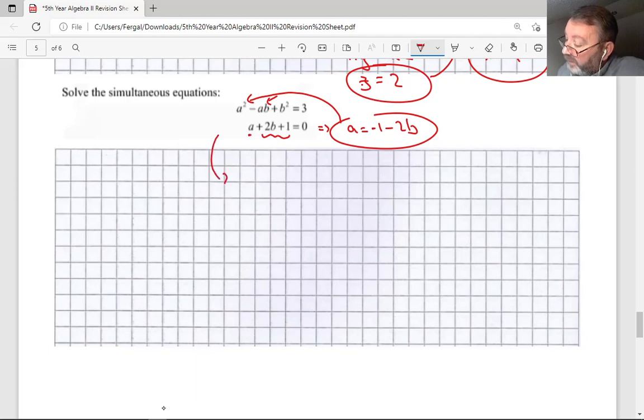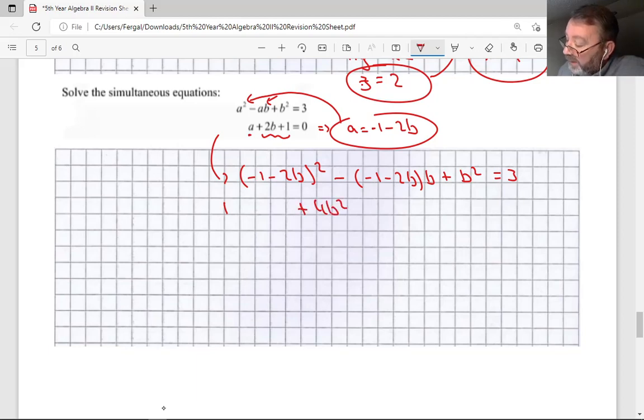And that's going to give me minus 1 minus 2b, all squared, minus 1 minus 2b times b, plus b squared is equal to 3. And all of a sudden, you end up with a quadratic equation in b. So again, use your binomial. Square the first one, 1. Square the last one, plus 4b squared.